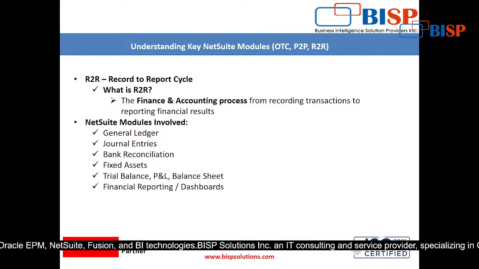Record to report means the process is going on, and you have to extract the data, understand how to extract it, and represent it in the format of reporting. The modules involved are general ledger, journal entry, bank reconciliation, and fixed assets.